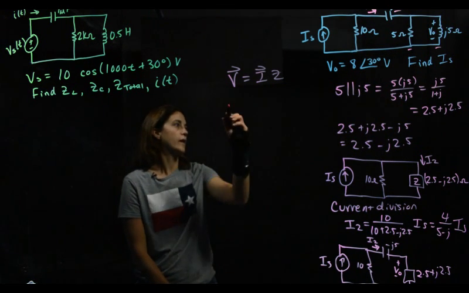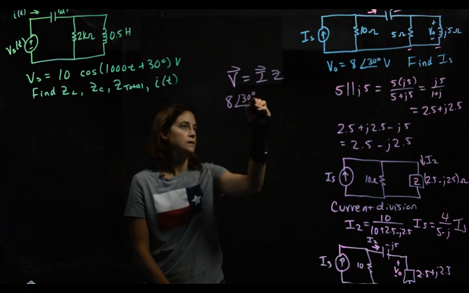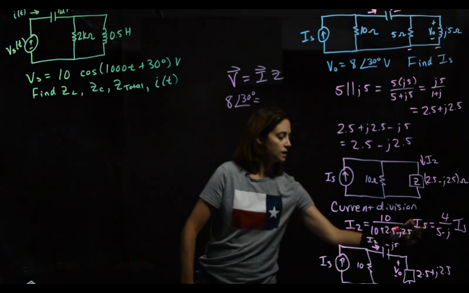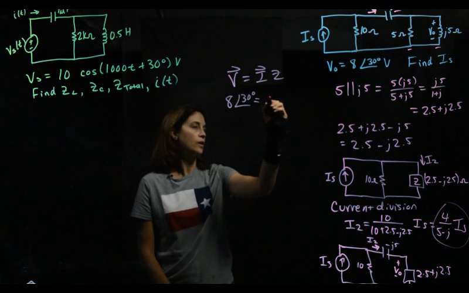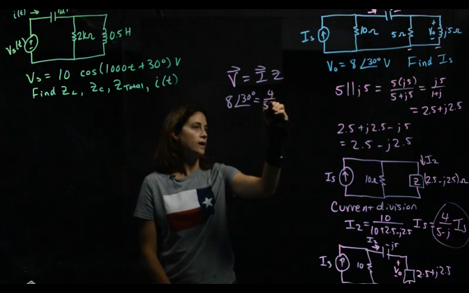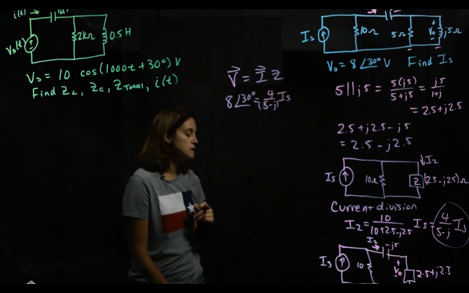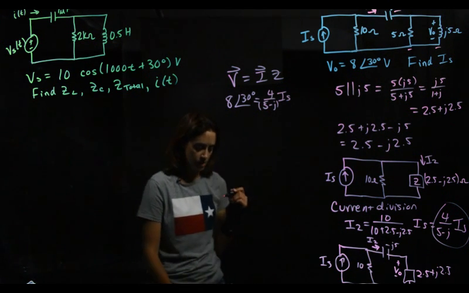So I have V, 8 angle of 30 degrees, equal to this I2, 4 over 5 minus J, IS, times my Z, which is these two in series.